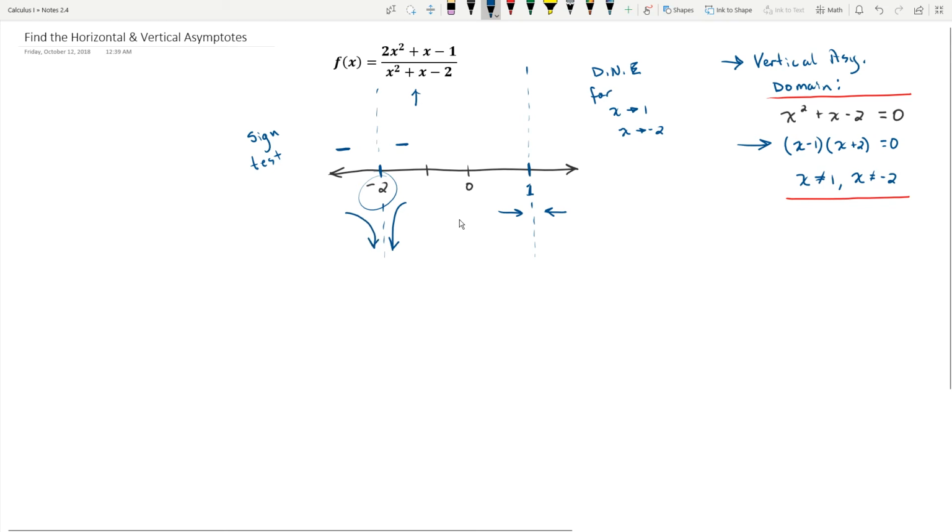So I could actually say that the limit, because they're both going in the same direction, for x approaching -2, for this function f of x, is going to be negative infinity. That's how we find our negative and positive infinities.